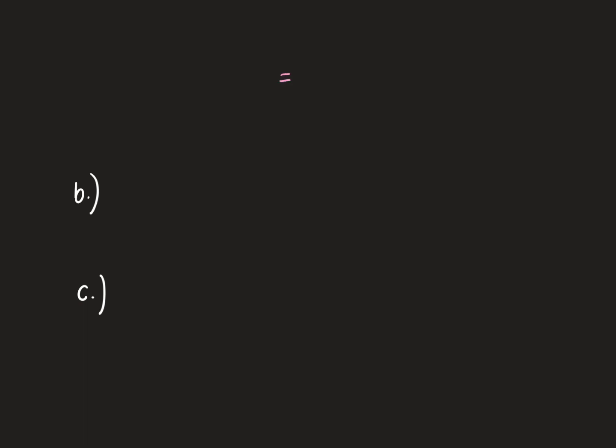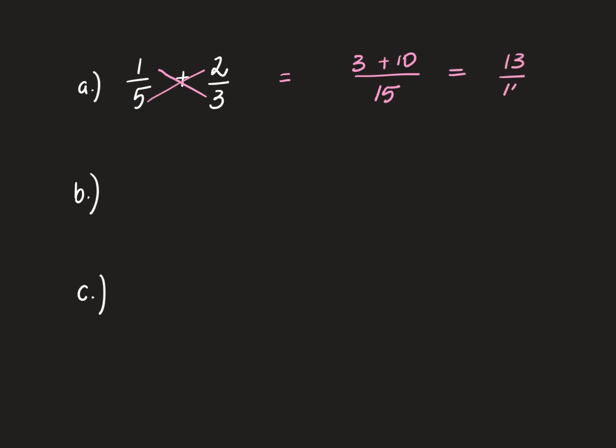Okay, hopefully you're getting quite fast at these ones now. 5 3s are 15, new denominator, 3 times 5 is 15, 5 2s are 10, 13 over 15. Next one, new denominator, 3 times 4 is 12. That times that, 2 4s are 8, 1 3 is 3, and what have we got in the middle?